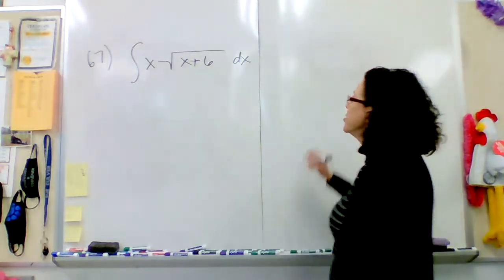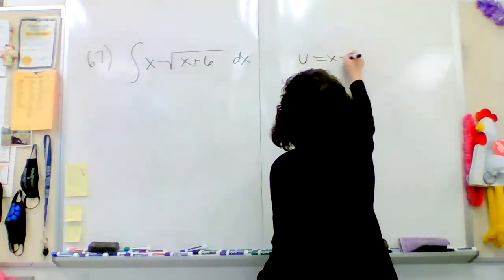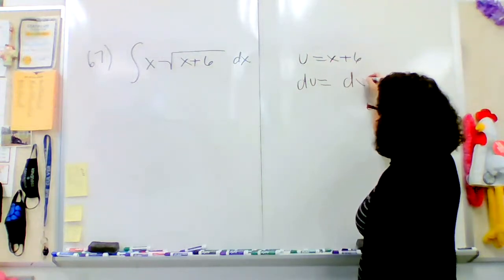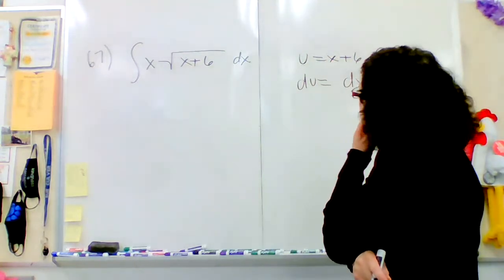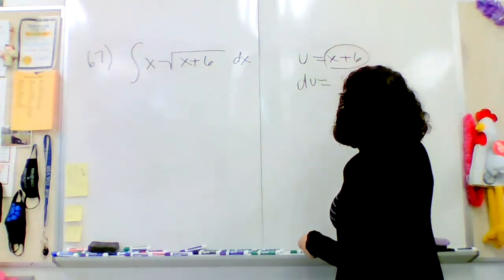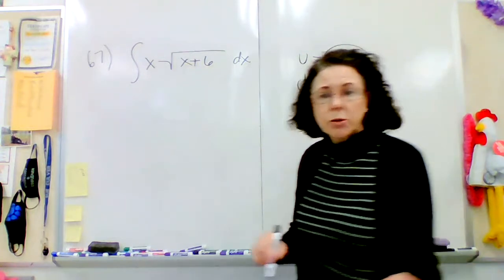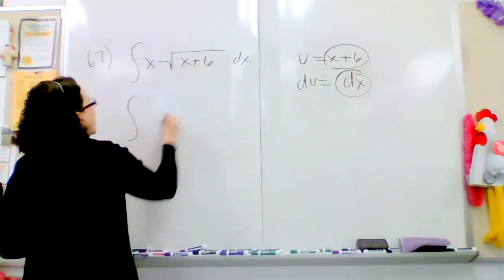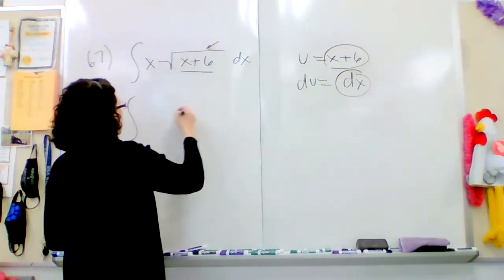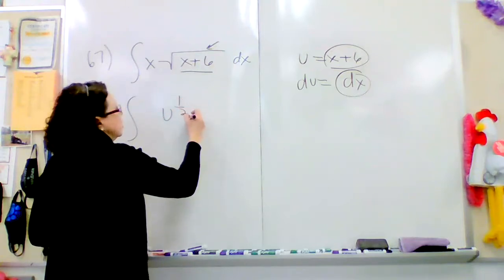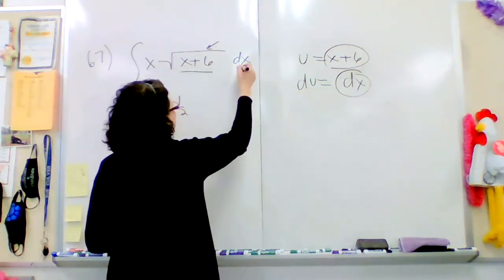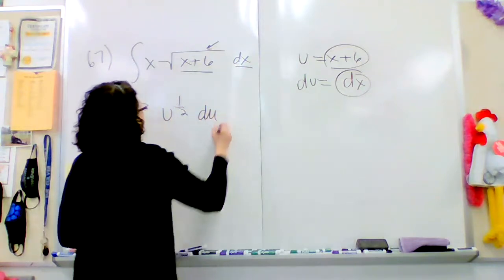And I'm going to do what I always do, inside function, x plus 6. du, my du is just 1 dx. Oh boy, well, I see a perfect substitution. Does it do everything? Let's try it, right? So here is u. I'm going to write this as u to the 1/2, if you don't mind. Okay, I got this u to the 1/2. My dx is a du. I got that.